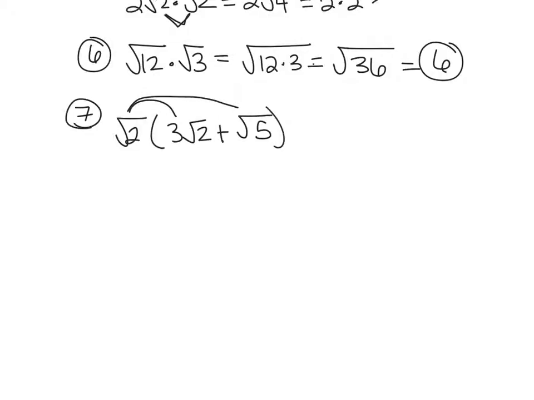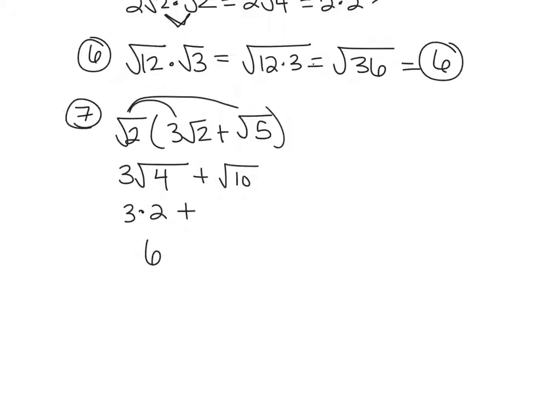So we have 3 times the square root of 4, because since radical 2 and radical 2 are both underneath the radical sign, they get multiplied together. So you get 3 times the square root of 4 plus 2 times 5 is square root of 10. So here we can do 3 times square root of 4 is 2 plus, and if you want to simplify that all the way, go for it. You can say that it is 6.